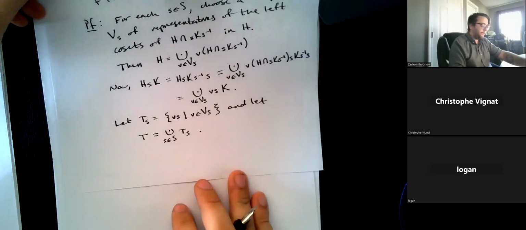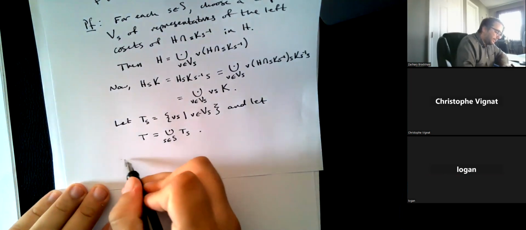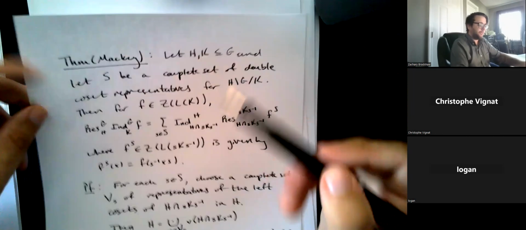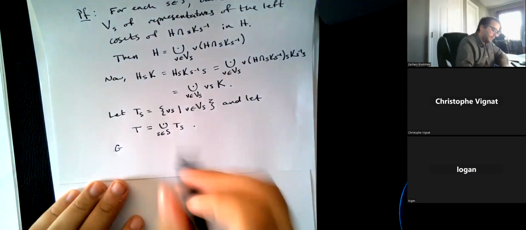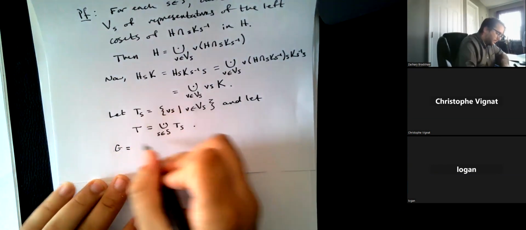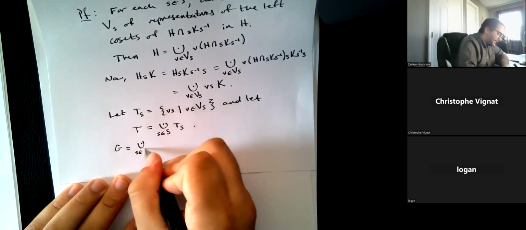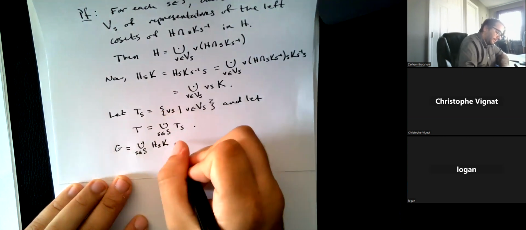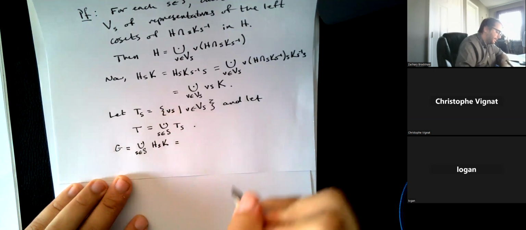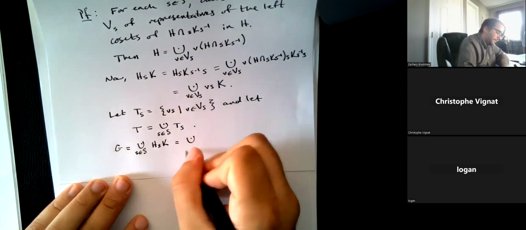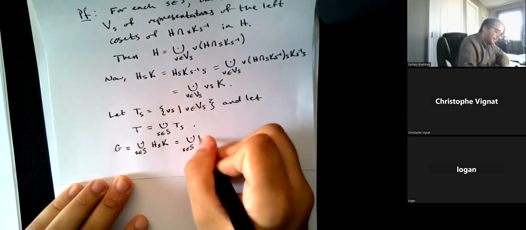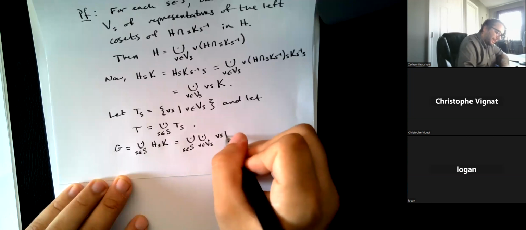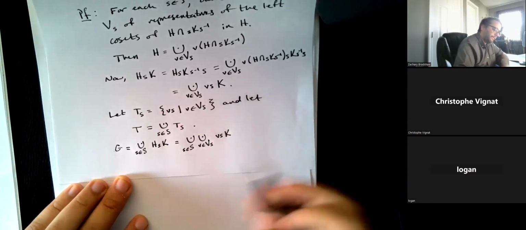Then what we have is that G, which is the original group that H and K are subgroups of, is the disjoint union over S in S of H S K. And this is equal to the disjoint union over S in S, disjoint union over V in V_S, of V S K, that comes from here.